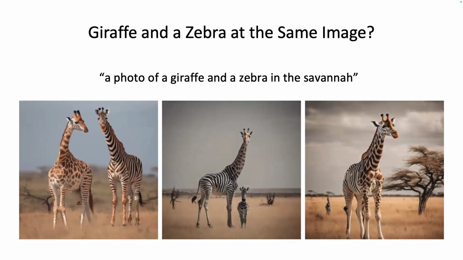And of course, it happens also when we sample more images. Actually, it's very, very difficult to generate a correct giraffe and zebra in the same image. So here you can see that we got a hybrid between a giraffe and a zebra. And also here we got the neck of the giraffe and the body of the zebra, very strange hybrids.